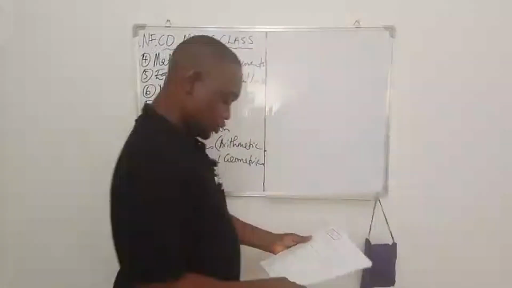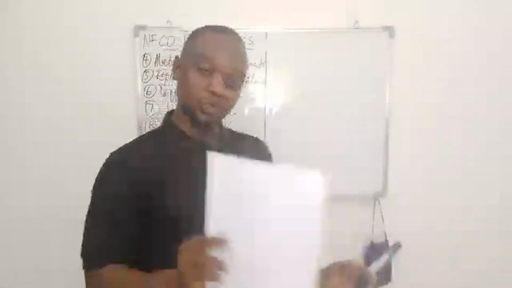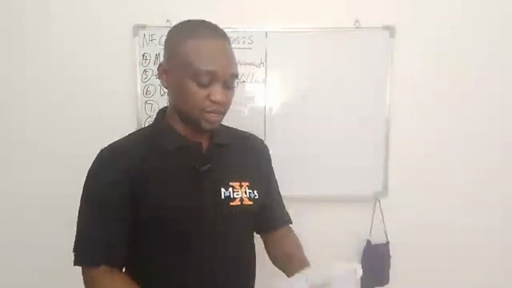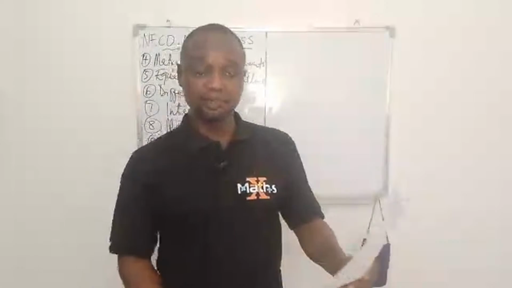So, 2022 NECO GC paper 2. The first question here is simplify.